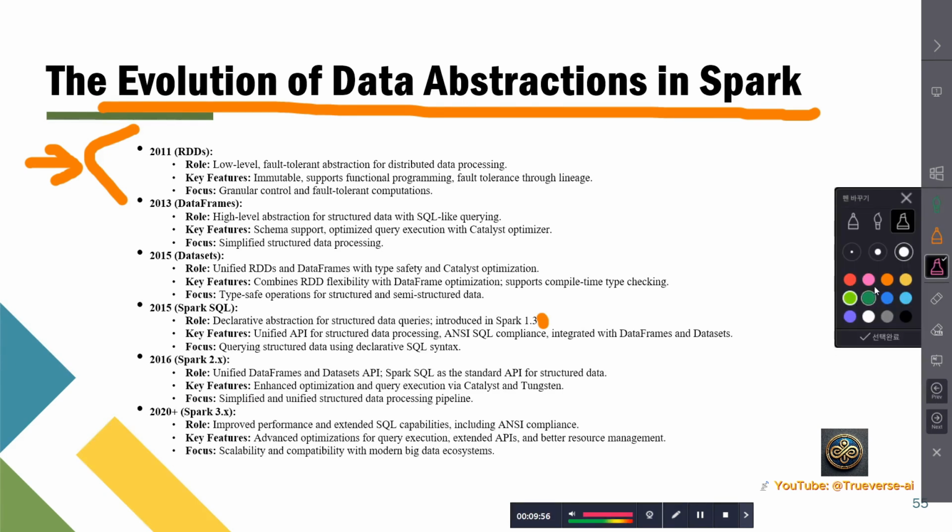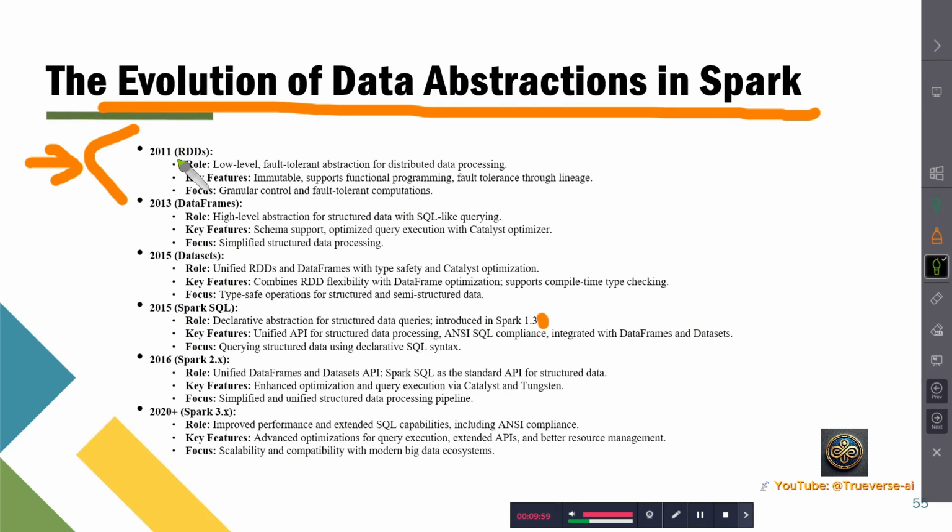When we look at RDD, as I mentioned, it is low level and immutable, meaning it cannot easily be changed. It uses functional programming, which we already talked about, and is for fault tolerant computation control. The data frame is high level and schema supported. This makes data processing simpler compared to the RDD, and the data set combines both of them.